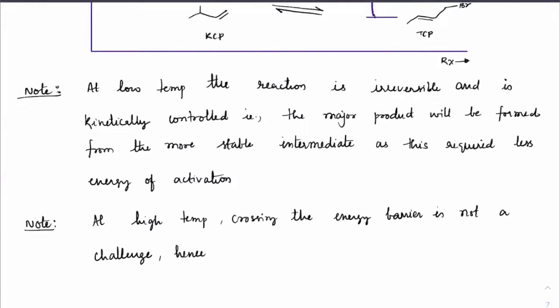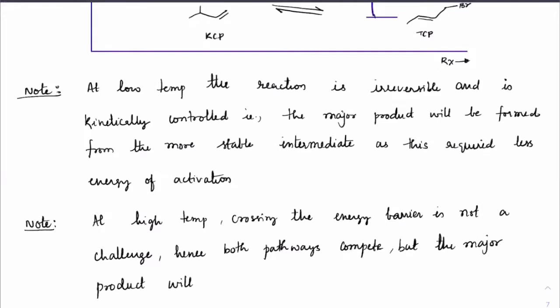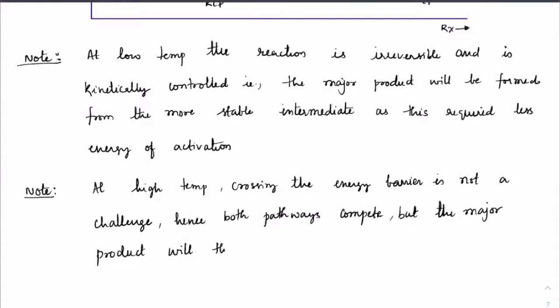Hence, both pathways compete, but the major product will be the most stable alkene form.